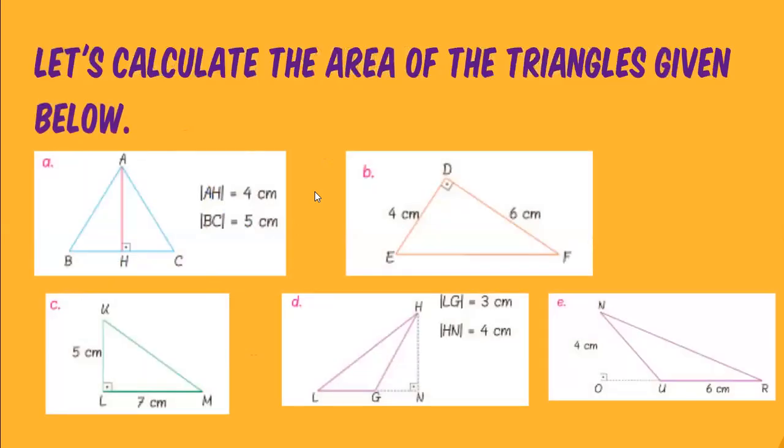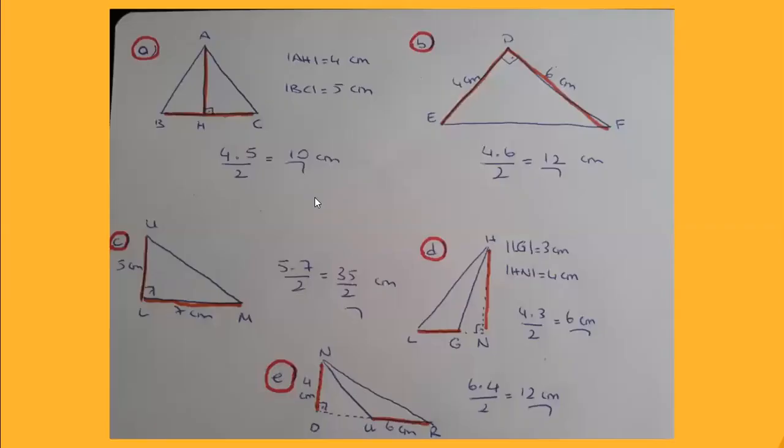Okay, let's calculate the area of the triangles given below. Now you can consolidate the topic by solving this question. Okay. In this A, the height and the side are clear. Can you see?